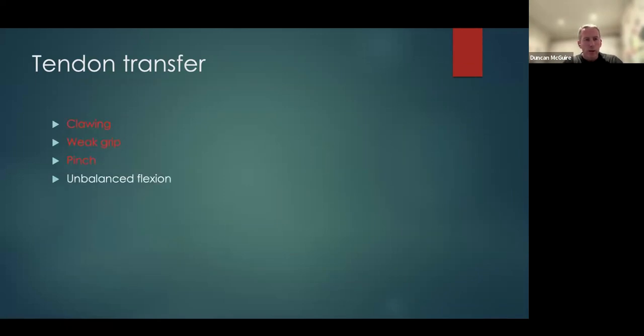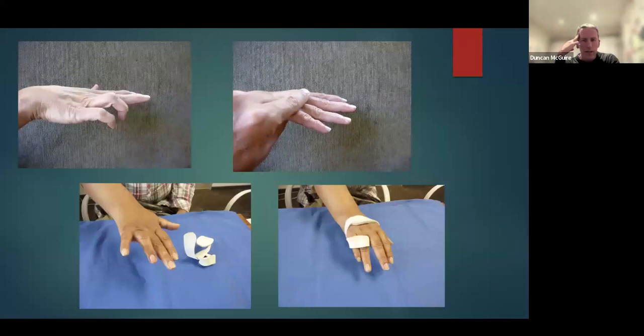A lot of these are caused by unbalanced flexion of the fingers, which is caused by the ulnar nerve palsy. The reason you get that is because the ulnar nerve flexes the MCP joints through the interossei and the lumbricals.